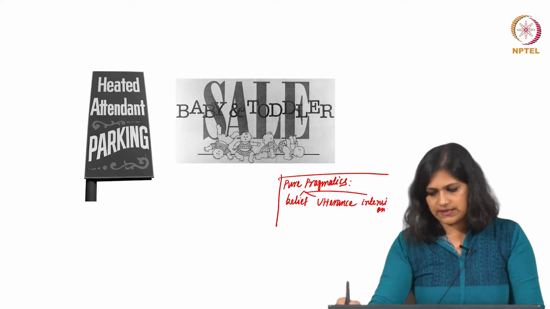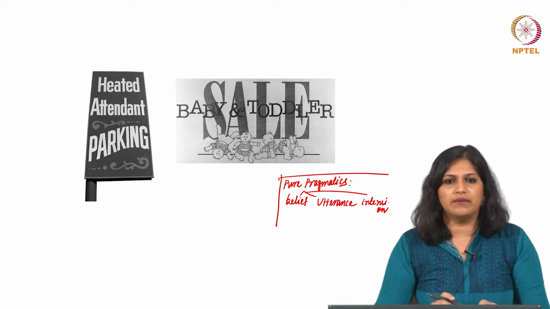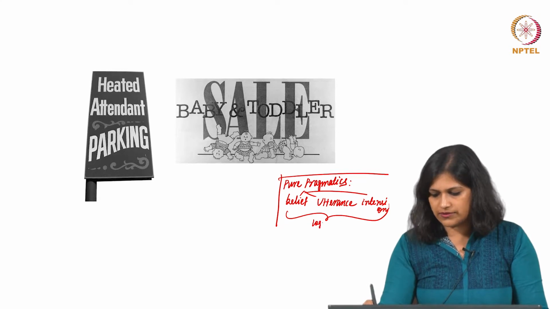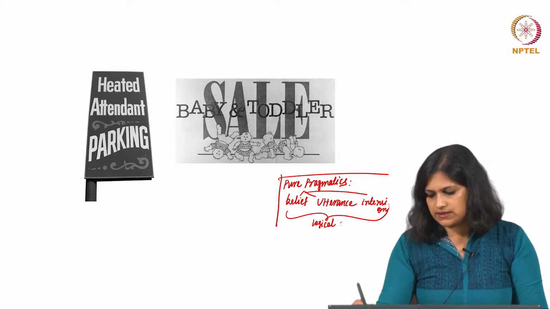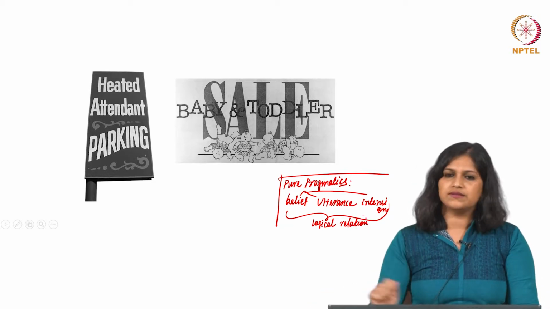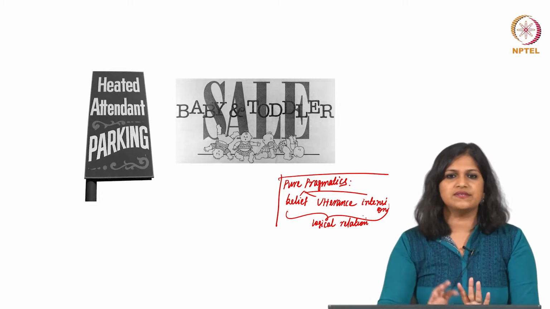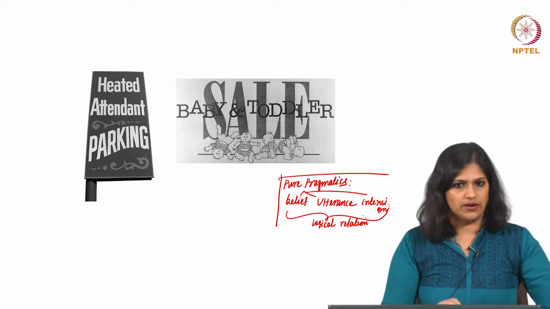Okay? So, these are various things that would come under the umbrella term called pragmatics. And what is it? The logical relation among these things. Okay. So, when you are thinking about pure pragmatics, these are the terms that you need to focus on.